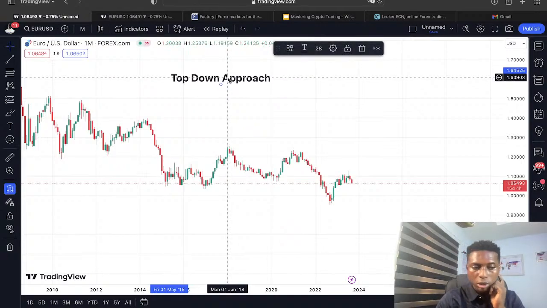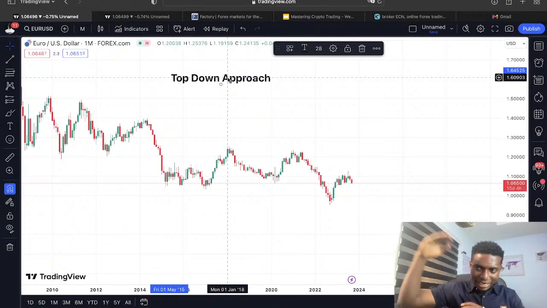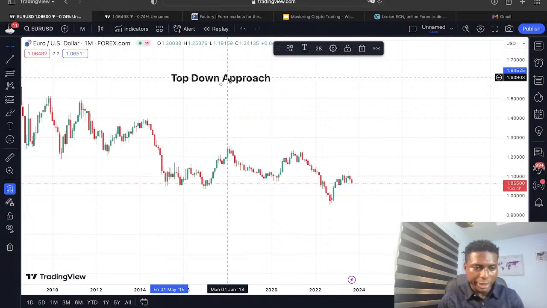What do we do on the top-down approach? We are looking to have a multiple time frame analysis, scaling from the higher time frame to the lower time frame, getting to understand the market direction and then positioning for this particular direction.